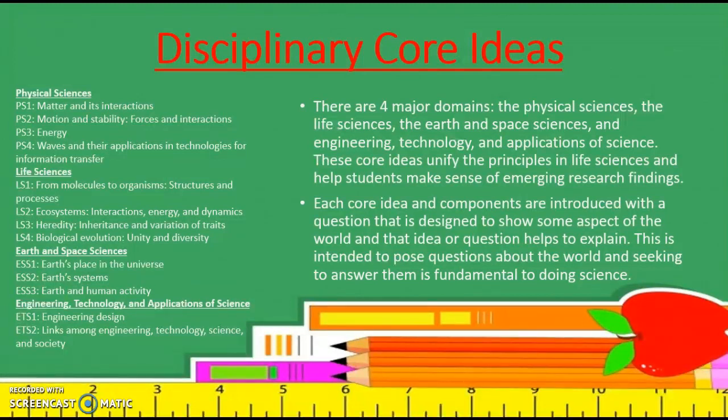Then you have 2, motion and stability, which has forces and interactions. Then you have 3, energy, and then 4, waves and their applications and technologies for information transfer. Then you have life sciences, you have earth and space sciences, and engineering, technology, and application of science.